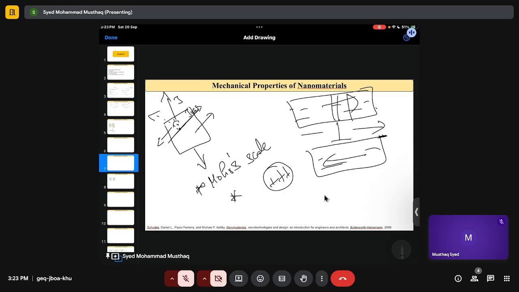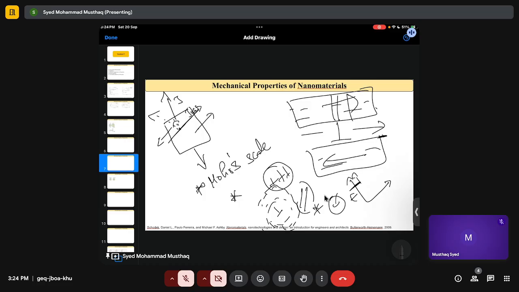Why? Because you already have very high surface energy, so the system is at a higher energy state. And whenever you try to include a dislocation there, these dislocations have a strain energy, or strain fields, around them. That means you are further increasing the energy of the system.